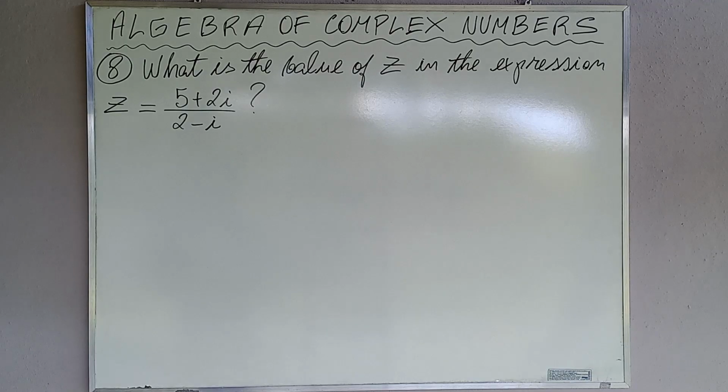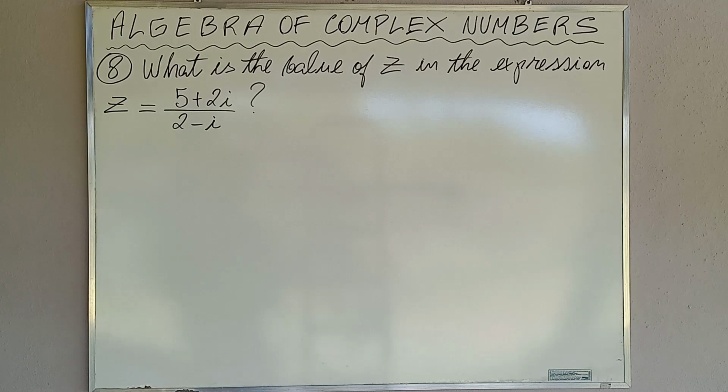For this purpose, we use the fact that the product between two complex conjugates always results in a non-negative real number. Thus, we multiply the numerator and the denominator by the complex conjugate of the denominator. This procedure eliminates the imaginary part of the denominator, thus rationalizing the expression.